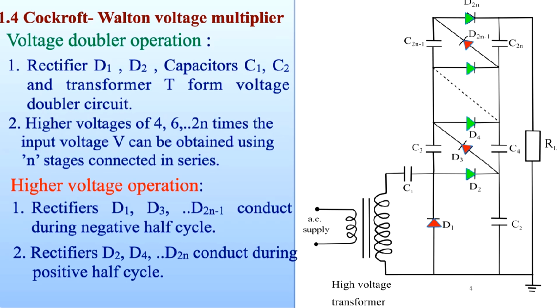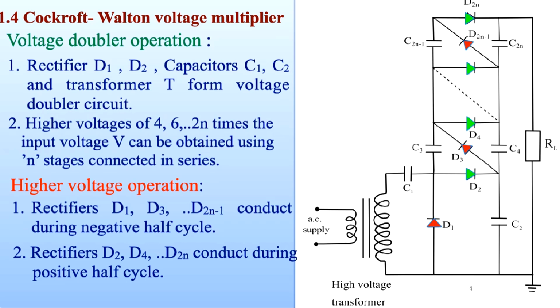Before this, we have studied the voltage doubler circuit and the cascaded voltage doubler circuit, but there are certain disadvantages to that. In a cascade voltage multiplier circuit, higher voltages are cumbersome and it requires too many supply and isolating transformers.